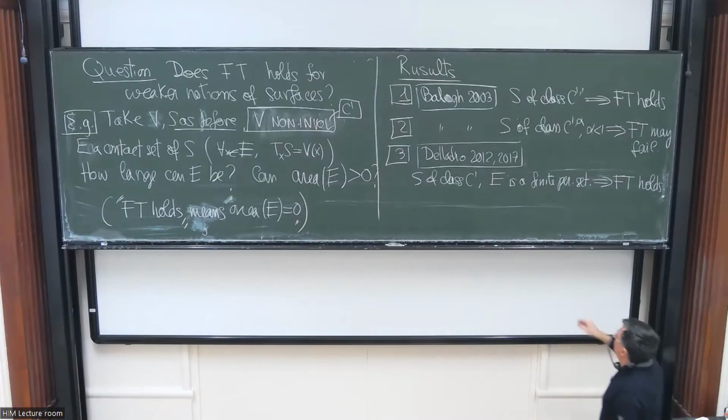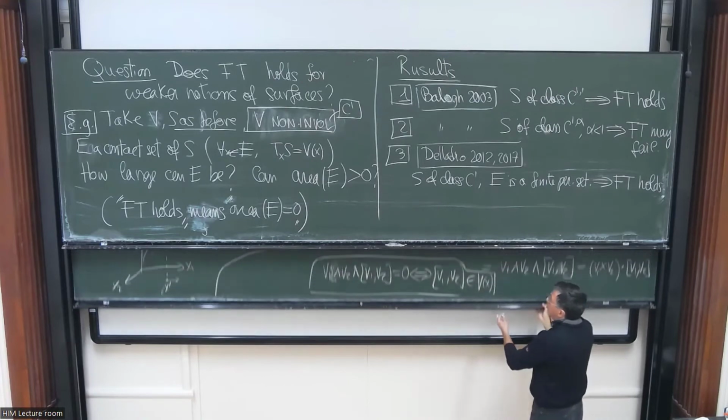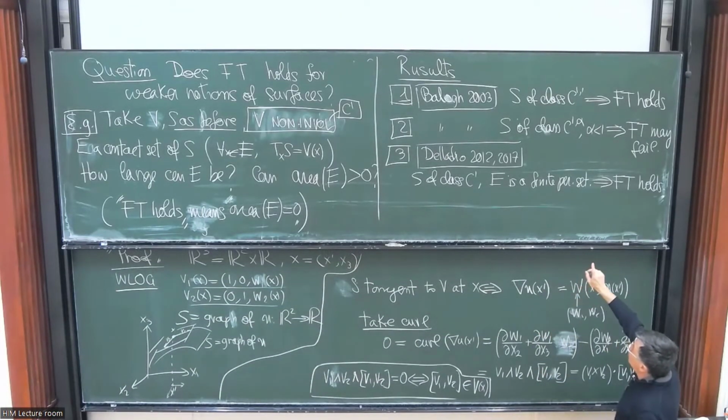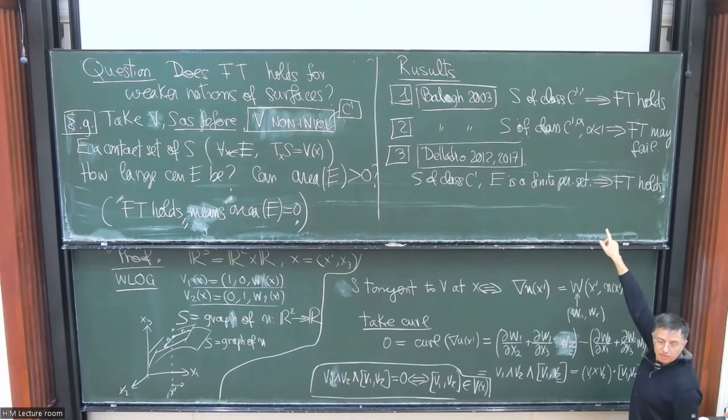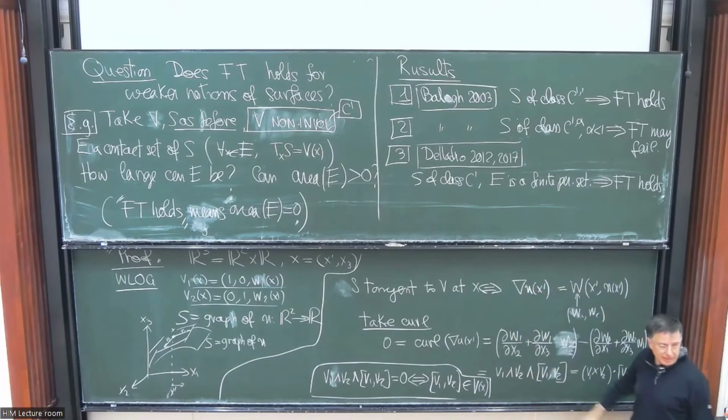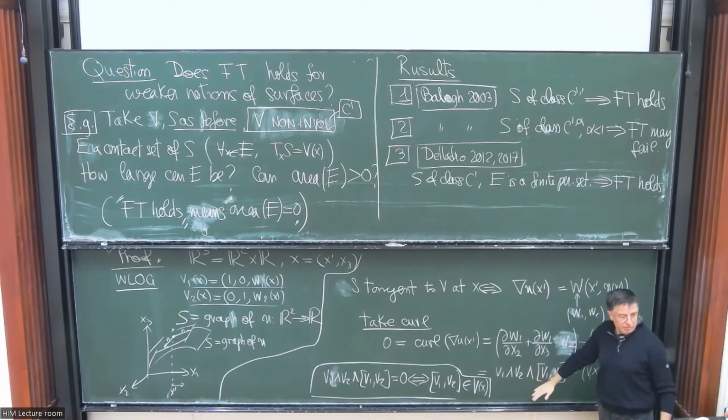So I would like now to explain a little bit, because this is really the core of the matter. How come that for C1,1 this proof essentially works, while for C1,alpha it doesn't? When Balogh proves the first statement, statement 1, it is essentially this proof here.